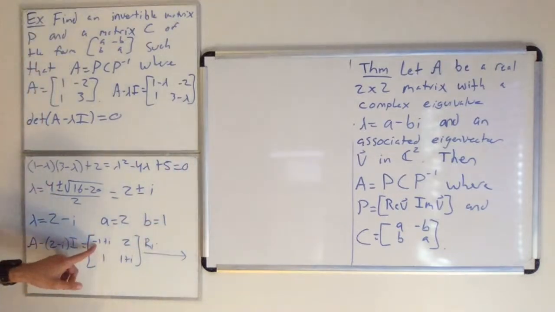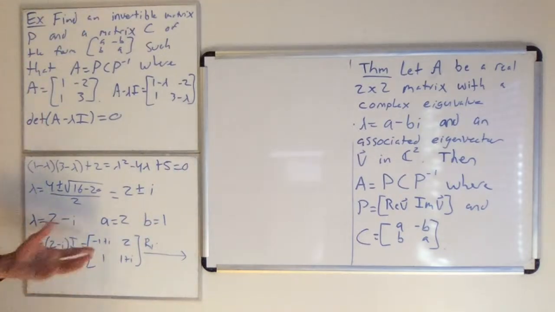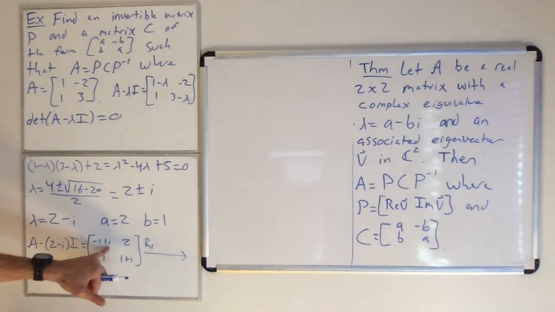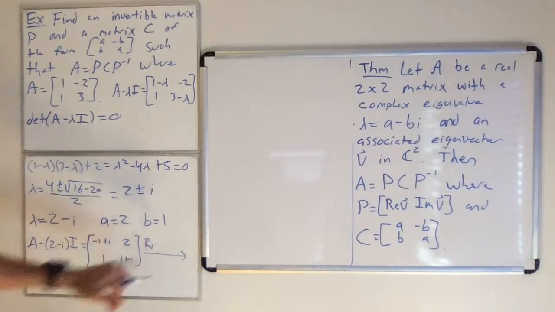So what do we multiply the first row by when we're dealing with complex numbers? If you're unsure, look back in your notes from yesterday. Yeah, the complex conjugate. So yeah, negative 1 minus i will multiply the first row.